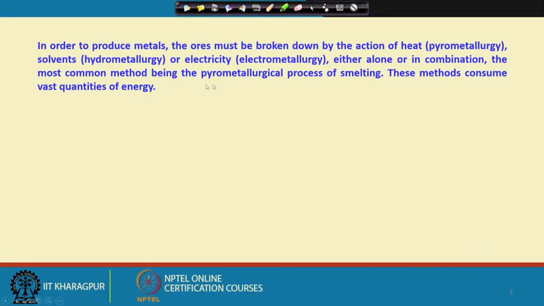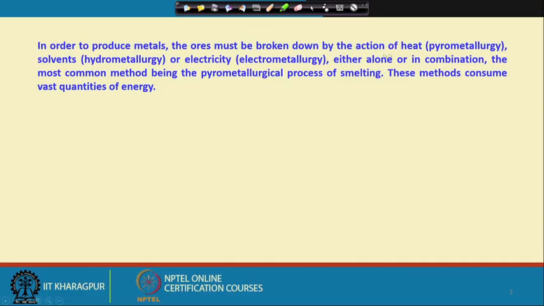That is the subject of pyrometallurgy. Similarly, many times we use some solvents to extract metals, that is the subject of hydrometallurgy. Sometimes we use electricity or electrical properties, and that subject is called electrometallurgy. They may be used either alone or in combination, but the most common method is the pyrometallurgical process, which we call smelting.